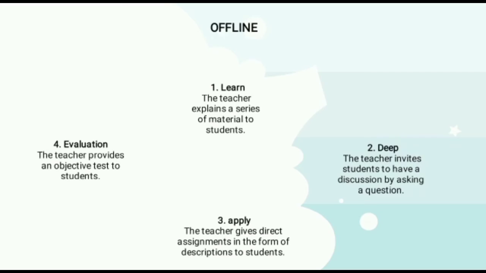But in offline learning, students directly collect their assignments in the form of handwriting to the teacher or lecturer, while in online learning, students collect assignments in the form of Word and collect them in an application that has been determined by the teacher or lecturer.